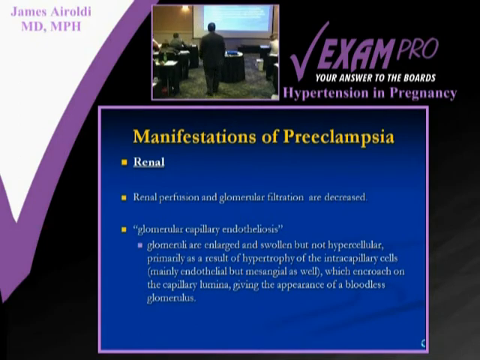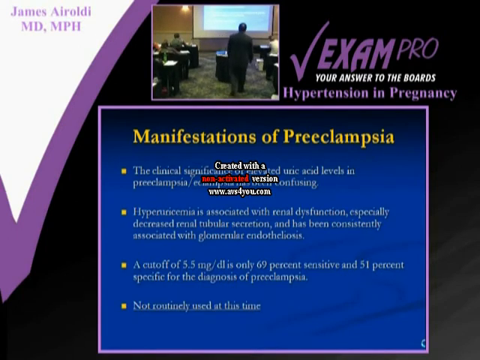Glomerular capillary endotheliosis, for what it's worth, it's in all the books. Lou Weinstein wrote about these things way back in the 1960s. If he was your board examiner, he would ask you that question, I guarantee, because I know him, and good guy, but he wants to know what the classic renal abnormality is.